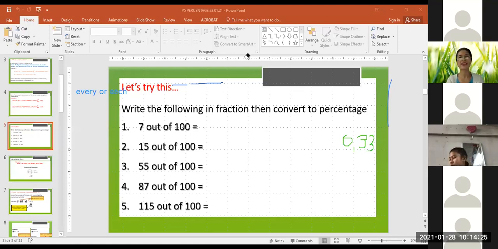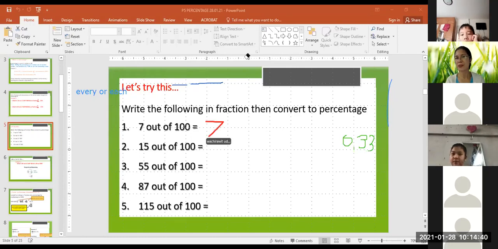You can go to annotation. Listen, kids. You see the annotation there, this one where my arrow points. You can use that to write. Just press that, and then you can write.